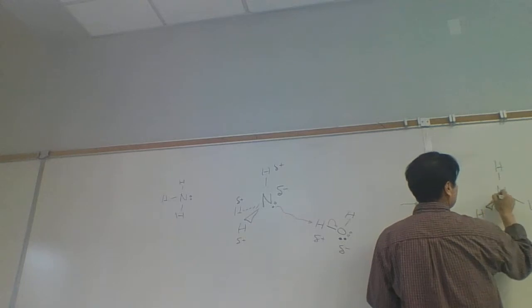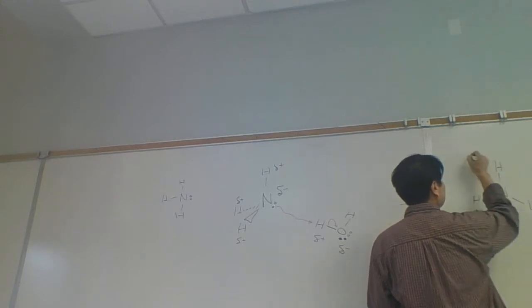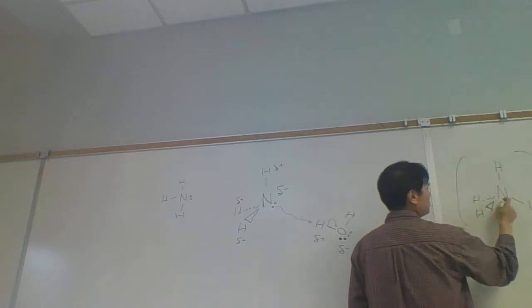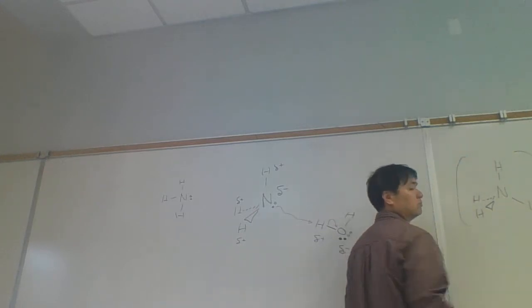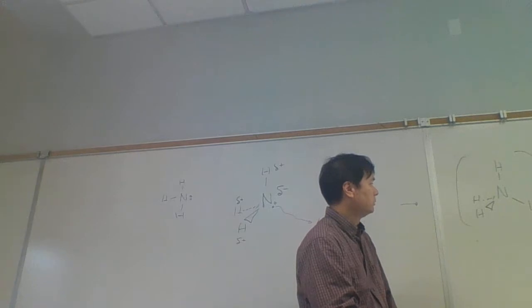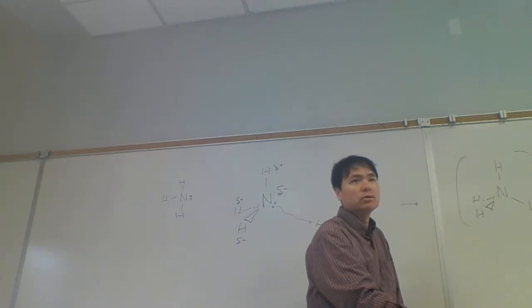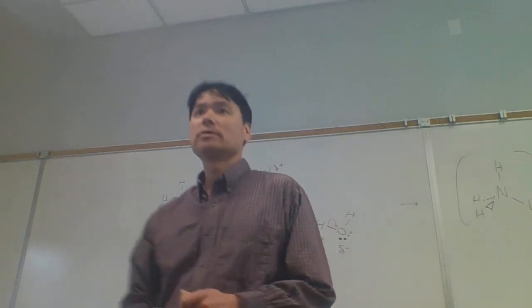So what is the shape of this molecule? Well, it's not really a molecule, but it's an ion here because now this nitrogen has a charge of what? How many electrons does that nitrogen have when we're counting formal charges? You guys remember, this is from Lewis structure.